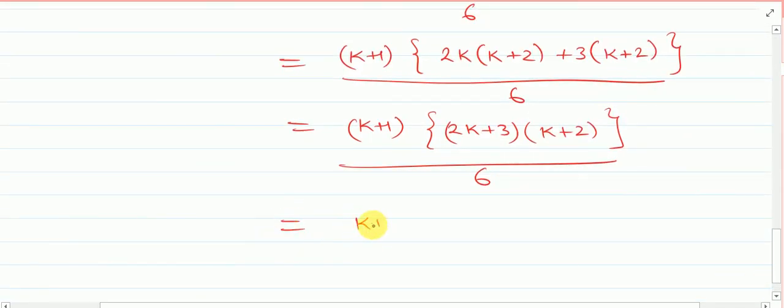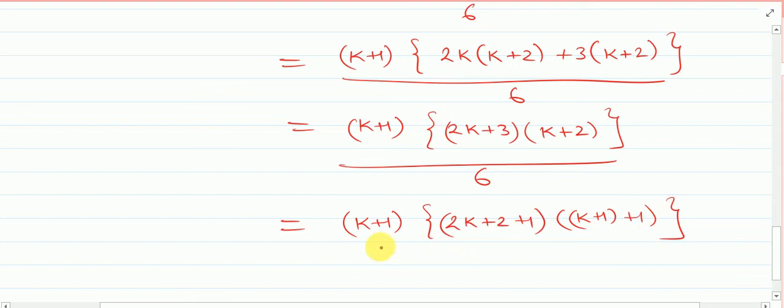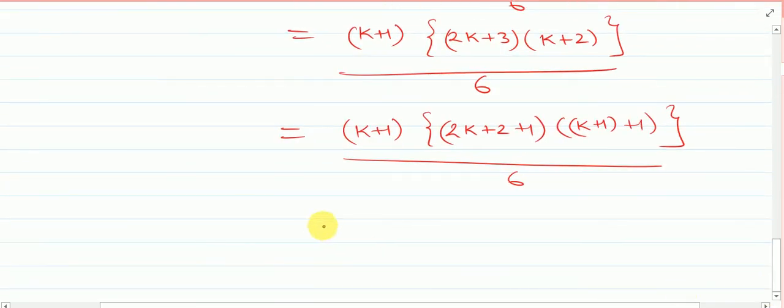Then this becomes k plus 1, and this can be written as 2k plus 2 plus 1, and this can be written as k plus 1 plus 1. Here 2 is common for these two terms.